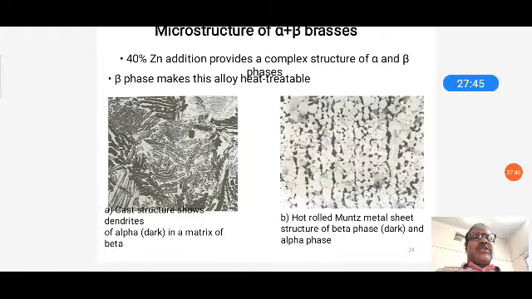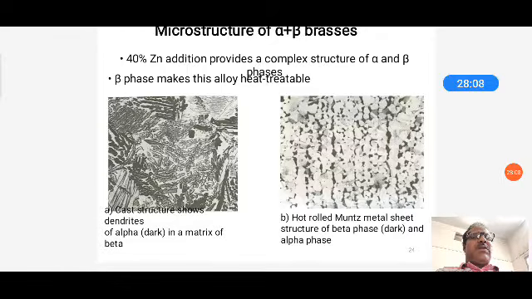The alpha structure, which is a light white color, is in the matrix of beta, that is the dark fields. And the 40% of zinc provides the complex structure of alpha and beta phases. So the beta phase makes this alloy heat treatable.